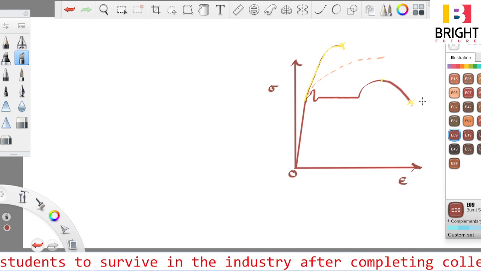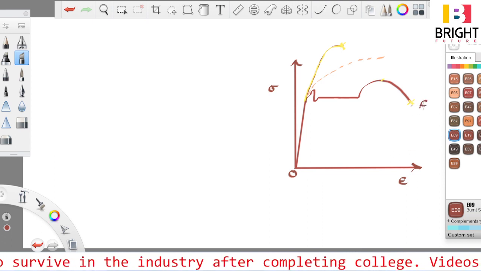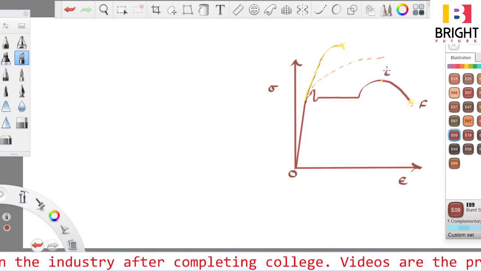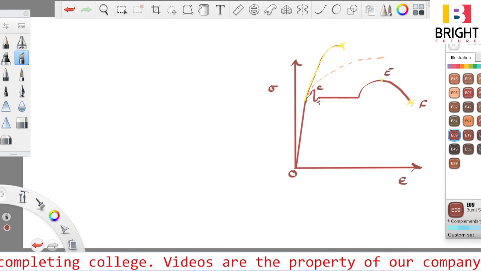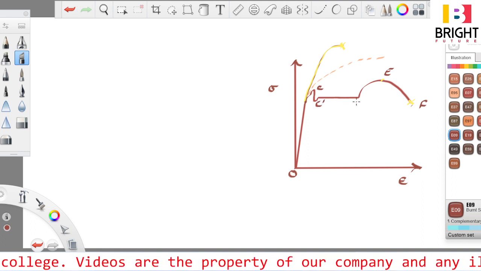Now this is the fracture point F, as I had already explained all the points on the stress strain diagram, what all the points are and what they represent.